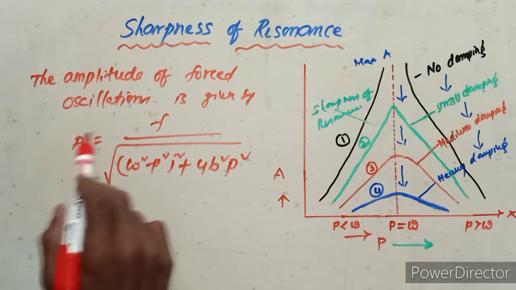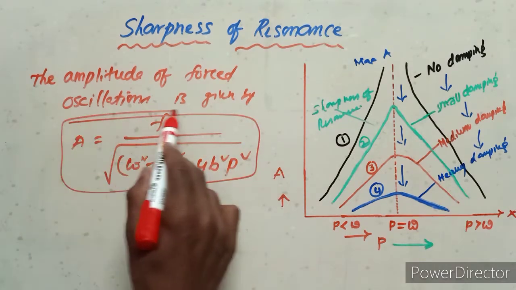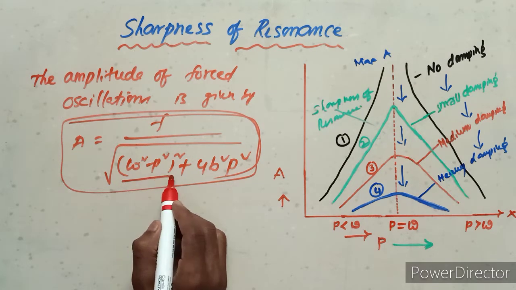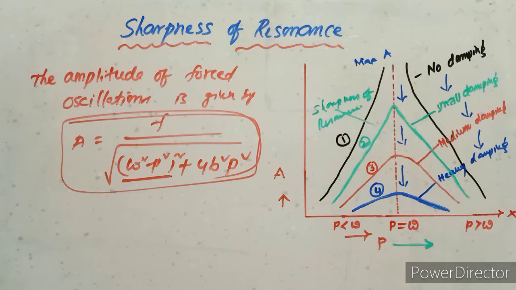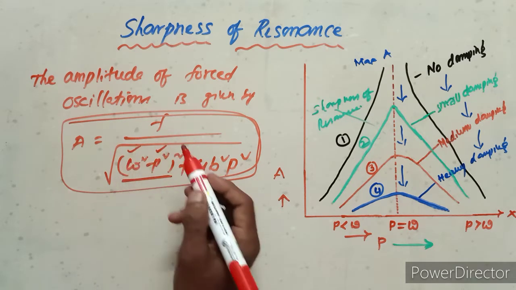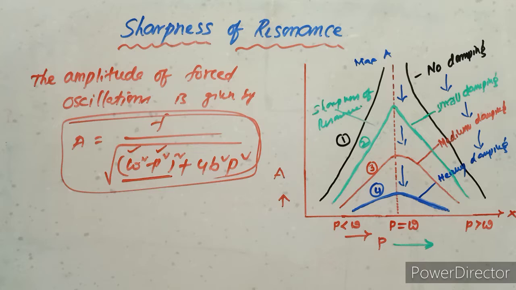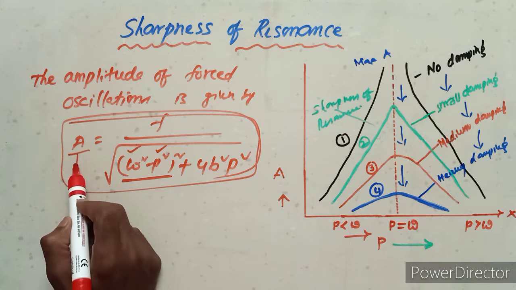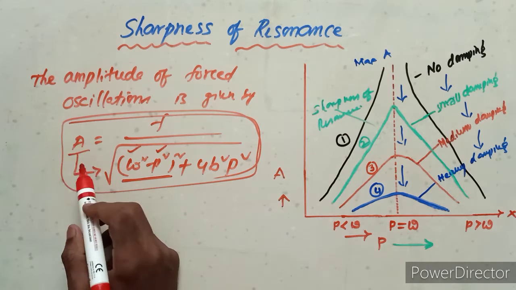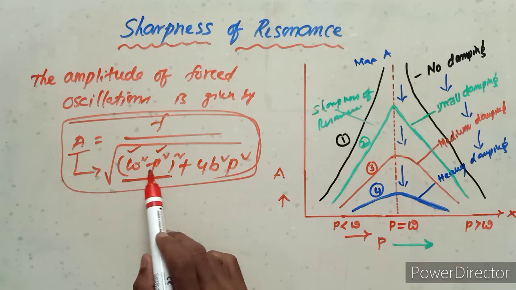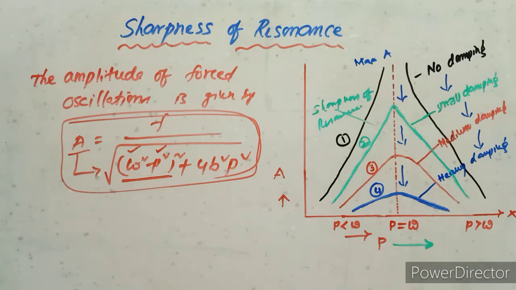So in this equation, this is the related value of omega and P. This is the applied frequency, this is the resonant frequency. The amplitude depends upon the related magnitude of these two frequencies.